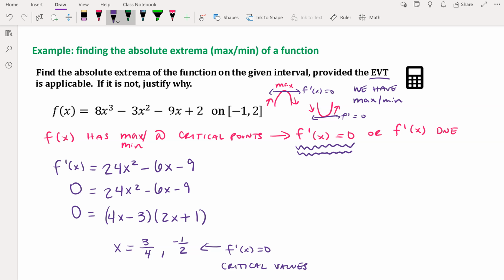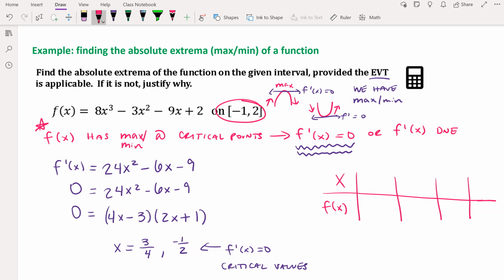Now we're going to do a candidate test for our max and min. We're trying to figure out where f of x has a max or a min. So let's go back to f of x. We're not doing a sign test, we're actually finding the value. We're going to make a little mini table for x and f of x, the y value. We're going to use four things. First, our actual interval, -1 to 2.